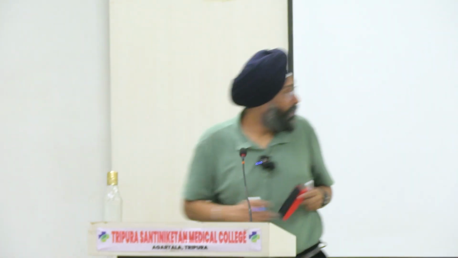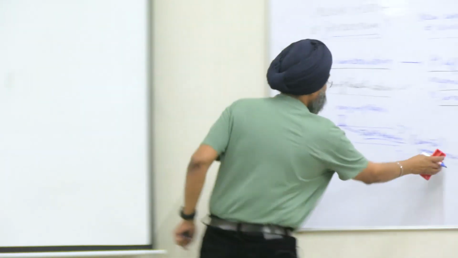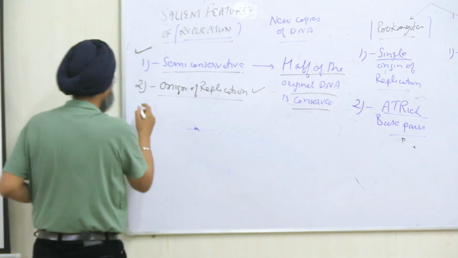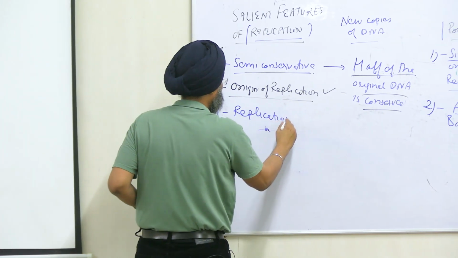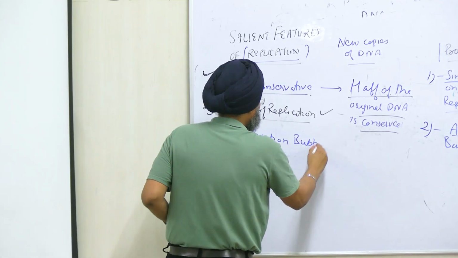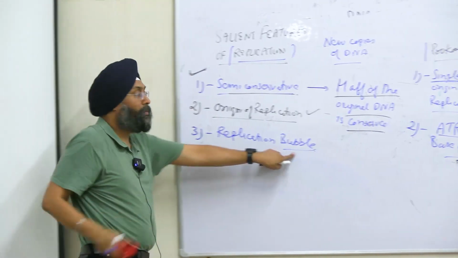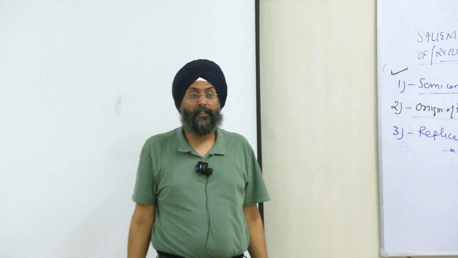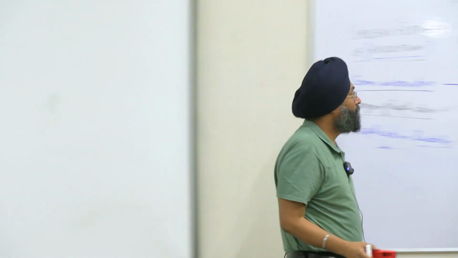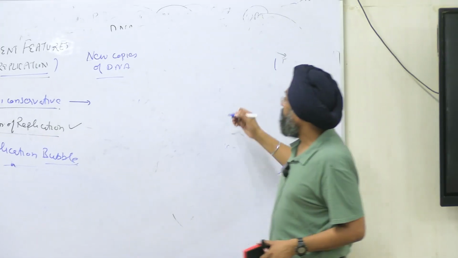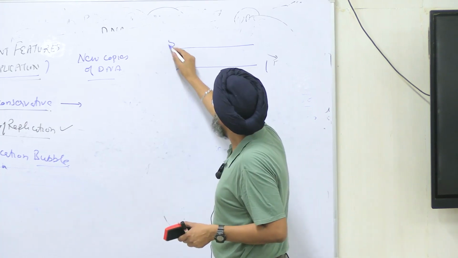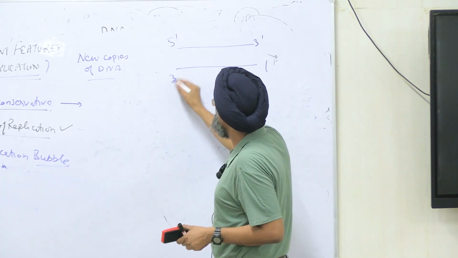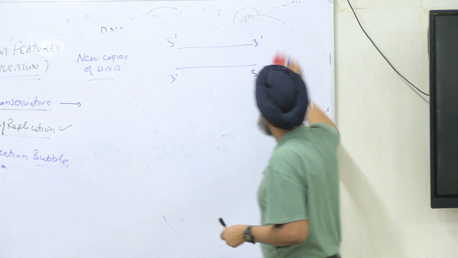Now the third rule is the replication bubble. What do you understand from bubble? Suppose this is a strand and this is a strand, 5 prime to 3 prime and 3 prime to 5 prime.